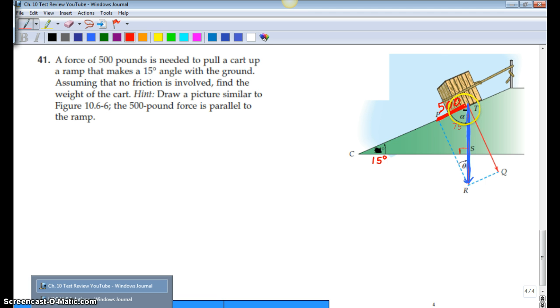Right? Now we're going to look at the PRT triangle. In that triangle, we still have a 90 degree, because PR is the force perpendicular to the hill. So we get a 90 degree angle. We have a 75 degree still from our first triangle.